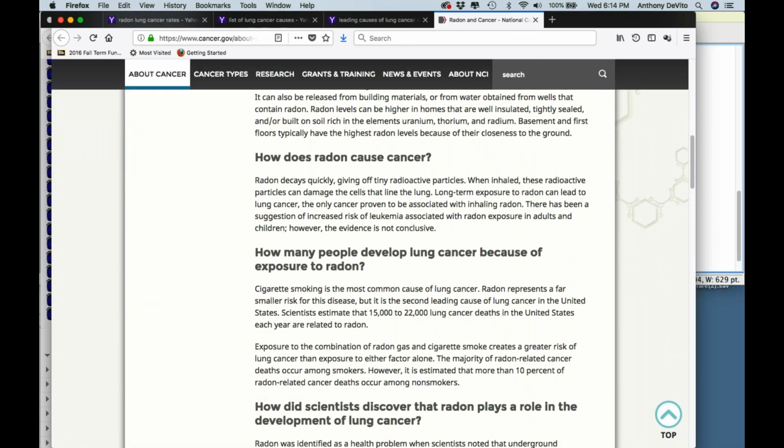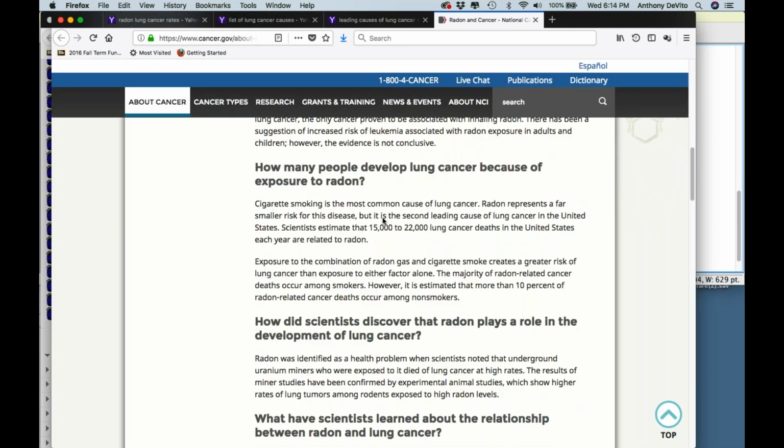Cigarette smoking is the most common cause of lung cancer. Radon represents a far smaller risk for this, but is the second leading cause of lung cancer in the United States. Estimates are that 15,000 to 22,000 lung cancer deaths in the United States each year are related to radon. Okay, so I'm not wrong, right?